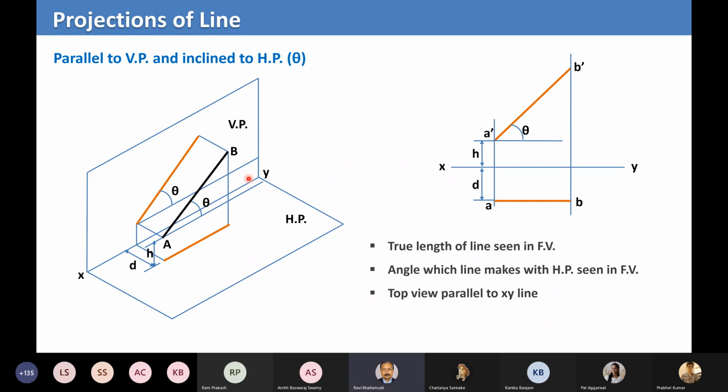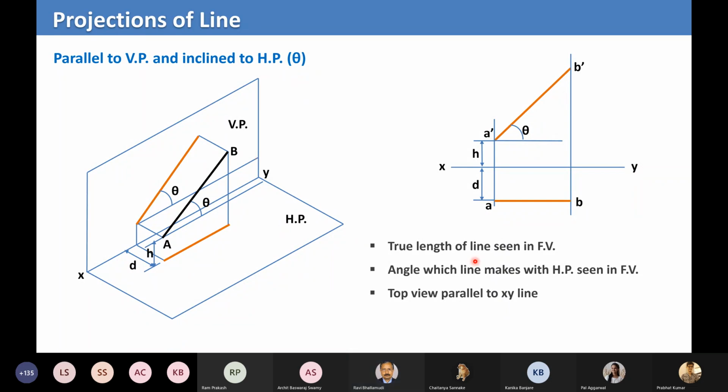Prabhat, this is a wrong statement, right? I'm sorry, it's correct. I keep getting confused about the front. So the front view is this one. I should start marking FV there. In the front view, the length of the line and its true length are both the same because its projection is parallel to the vertical plane. So there's no difference between the true length and the projected length.